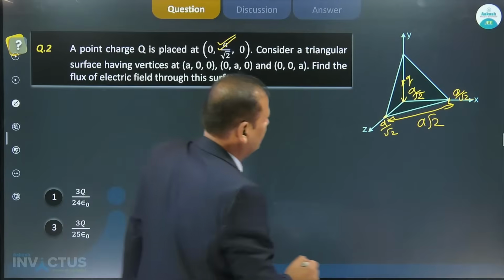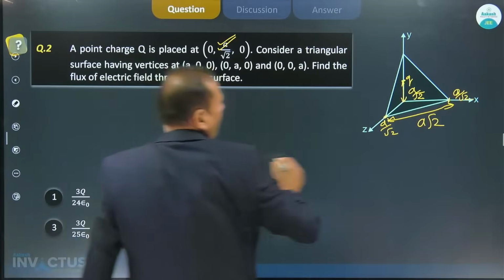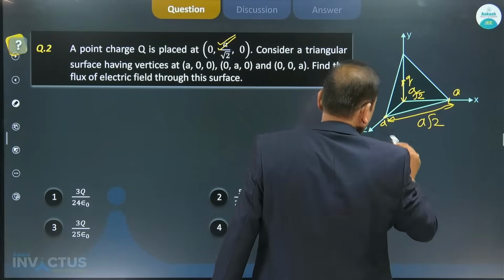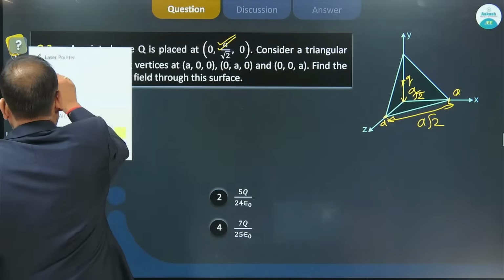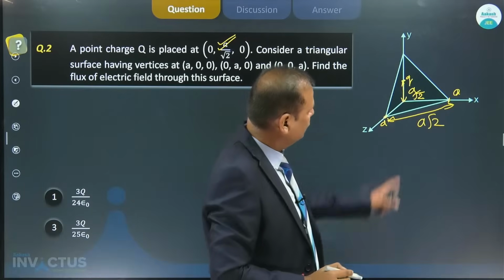No, sorry. This is a, this is a, and this is a root 2. So how to find the flux through this?